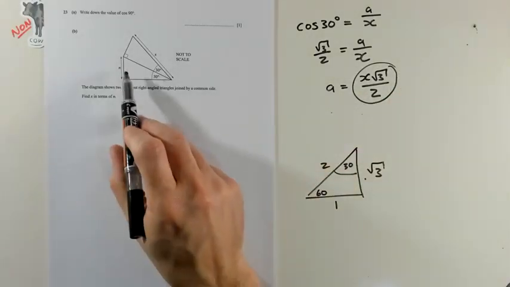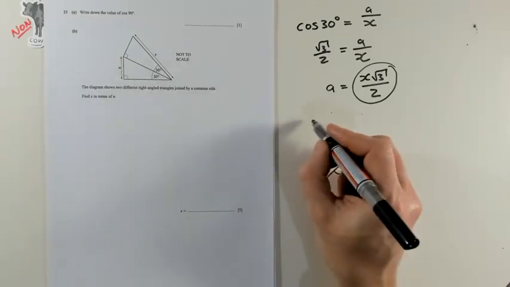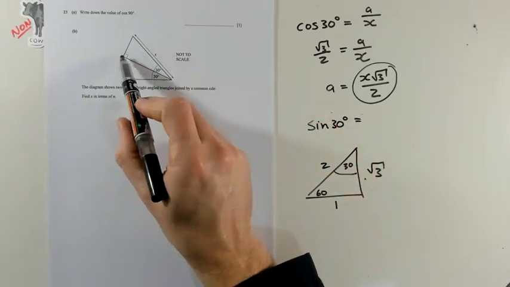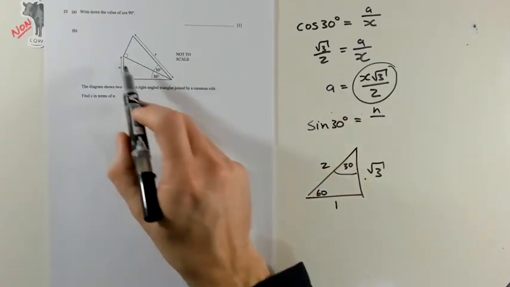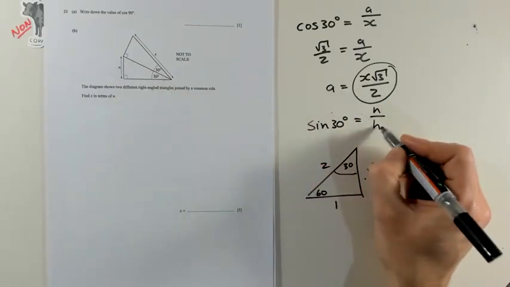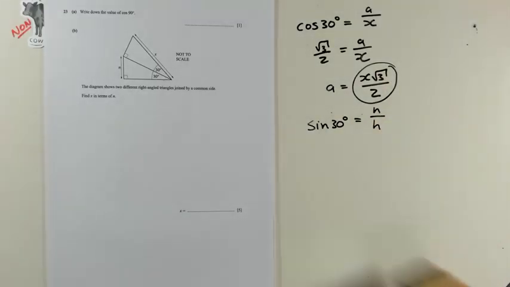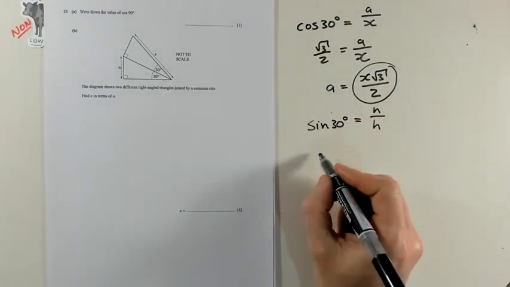Next up, we have to find this n, and that's the sine. So I know the sine of 30 is going to be the n over, this is my hypotenuse, but this thing is that thing. Ooh, this is going to be ugly. Okay, so sine of 30 I know is a half.